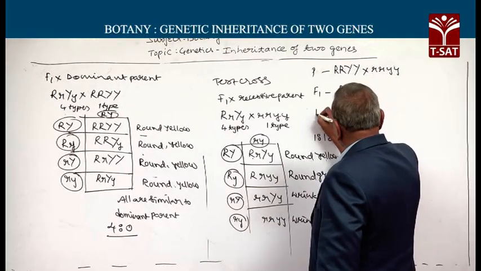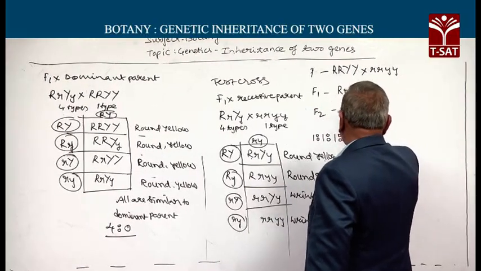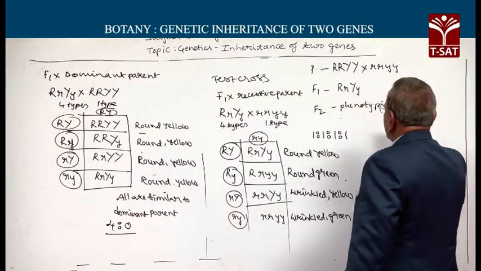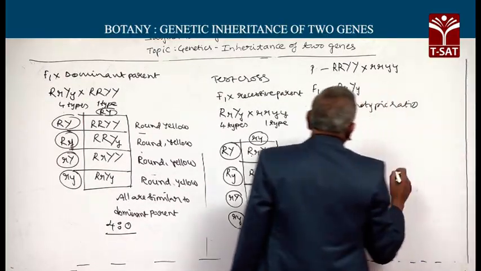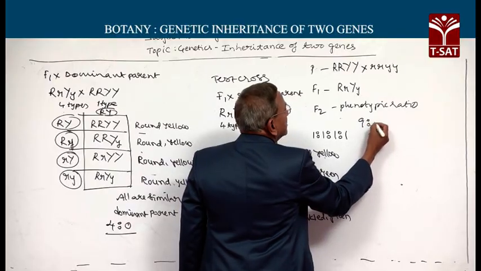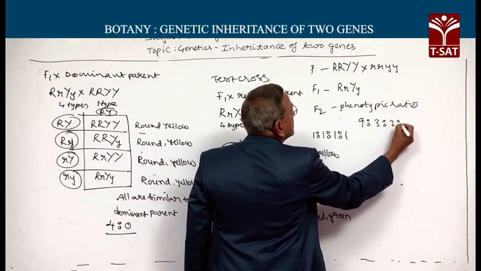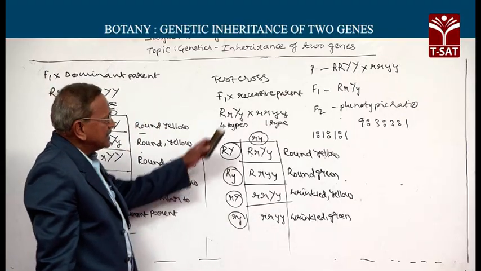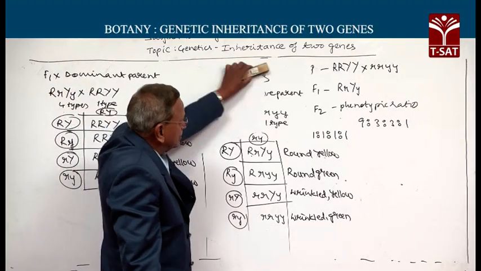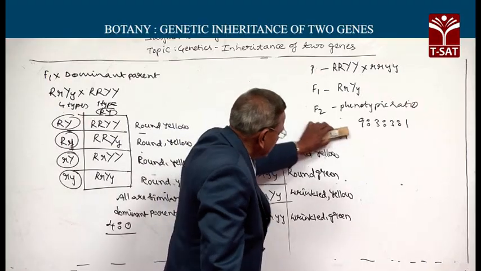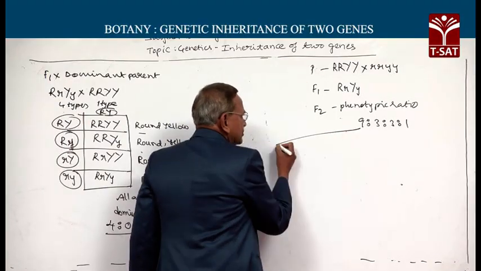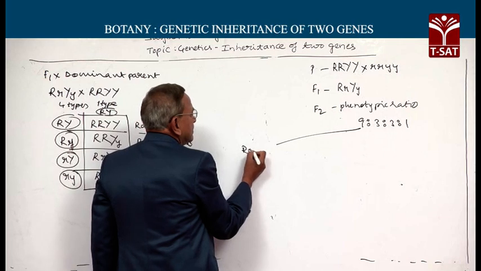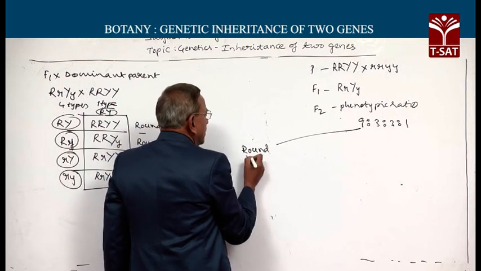And the F2 phenotypic ratio is 9:3:3:1. What do the 9 represent? Round yellow.